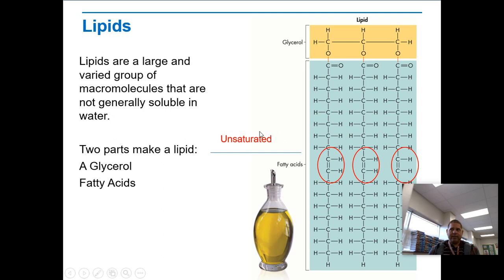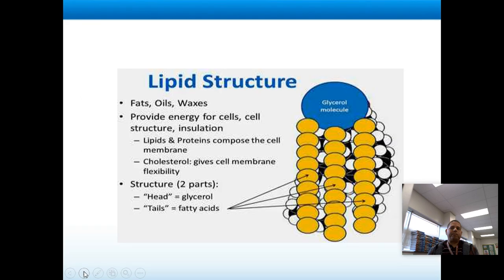This is called an unsaturated lipid. Unsaturated means that it does not have all of the hydrogen to make it a complete molecule. And you can see some missing hydrogen links here. And because of that, it makes this lipid at room temperature a liquid.